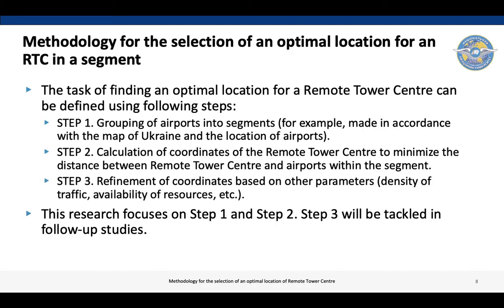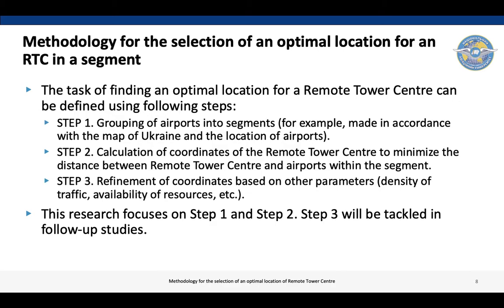That's why we divided the task of finding an optimal location for the remote tower center into separate steps. Step 1 would be to group the airports into segments, for example, done in accordance with the map of Ukraine and the location of airports, as has been proposed in the previous slide.